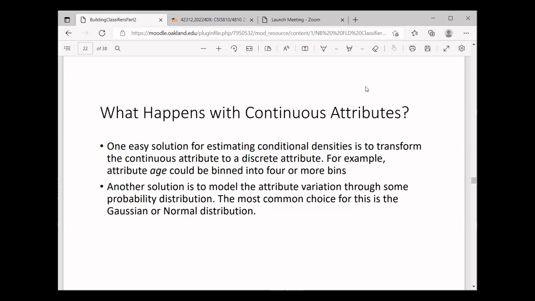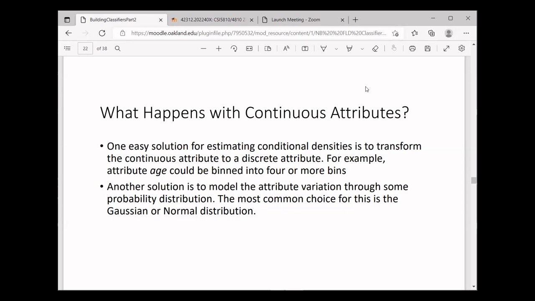One is convert the continuous feature into a discrete feature. That is, you take the whole range of values and put them into 5 or 10 or 2 bins. And that way, your feature becomes a discrete feature, and then follow whatever we have done so far to do the calculation. All right. So that's a simple approach.